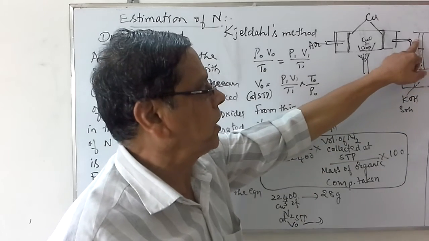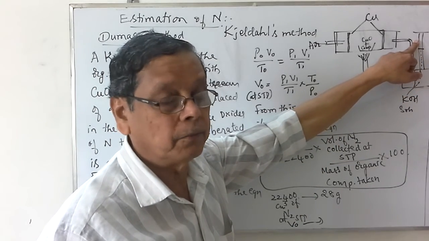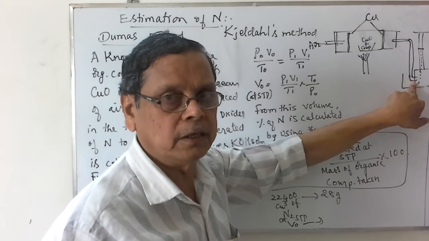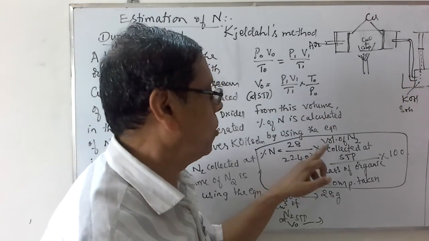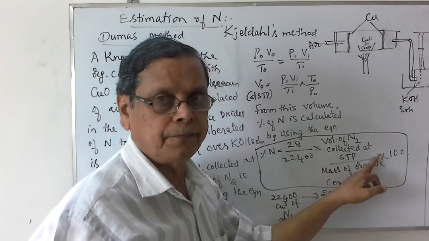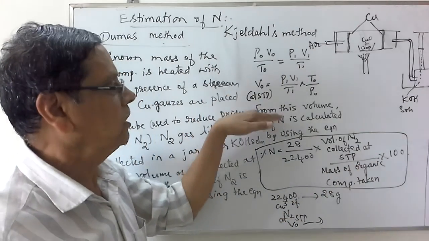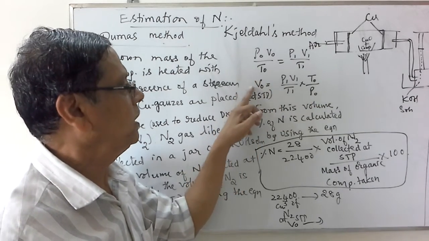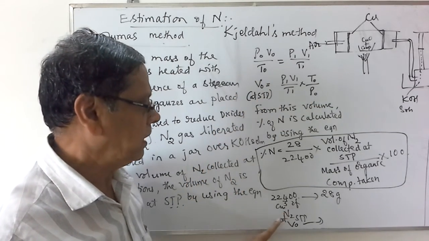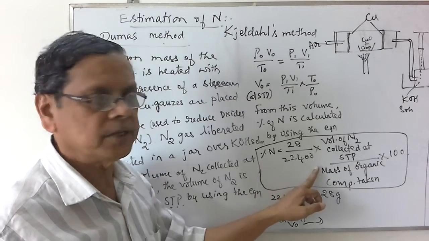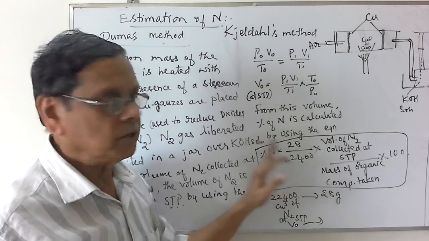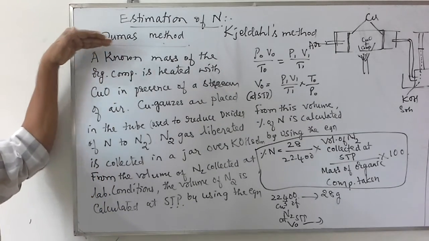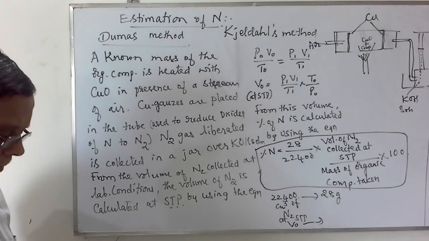From the volume of the nitrogen gas collected, we can calculate the volume at STP. This is called reduction to standard conditions. Once you know the volume of nitrogen at STP, we can calculate the percentage of nitrogen like this. So this is the method used to estimate nitrogen by Dumas method.